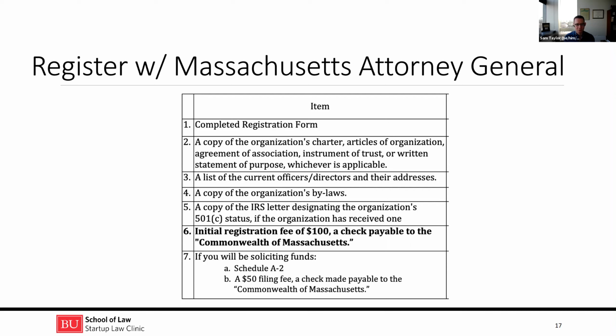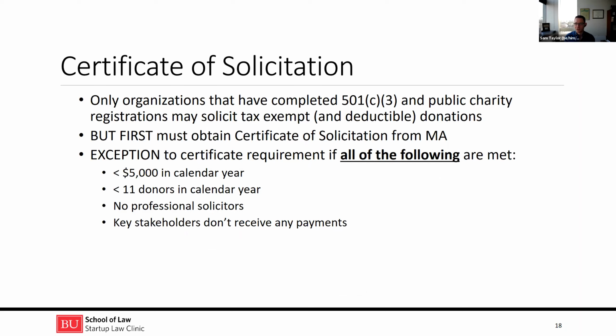And at the bottom here, it says if you will be soliciting funds, which means soliciting donations from residents of Massachusetts, then you need to fill out an additional document, which most nonprofits are doing. A big source of revenue to operate for nonprofits comes from donations.